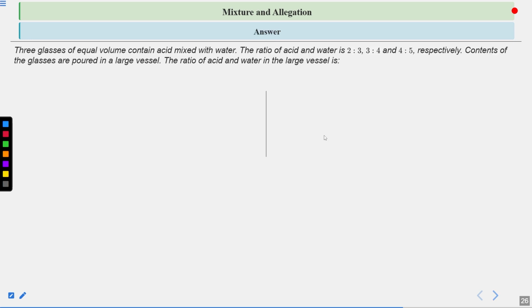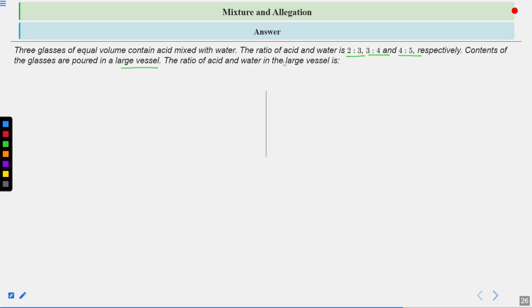The question says there are 3 glasses of equal volume. It means they have equal quantity of mixture of acid and water. The first glass contains acid and water in the ratio 2:3, the second glass 3:4 and the third one 4:5. Now all the contents of the three glasses are poured in a large vessel.